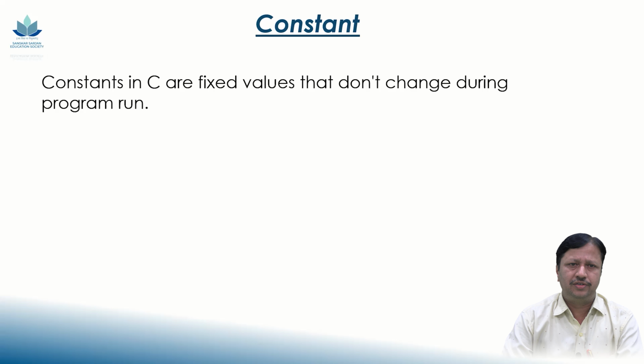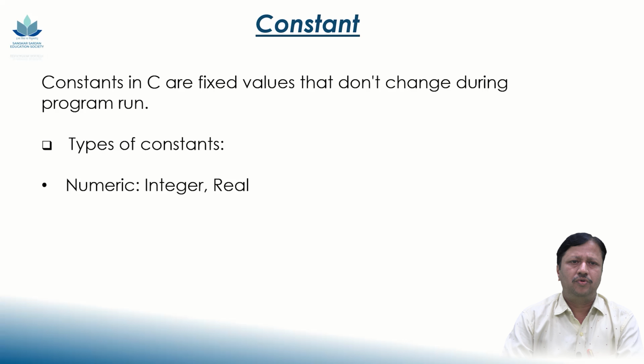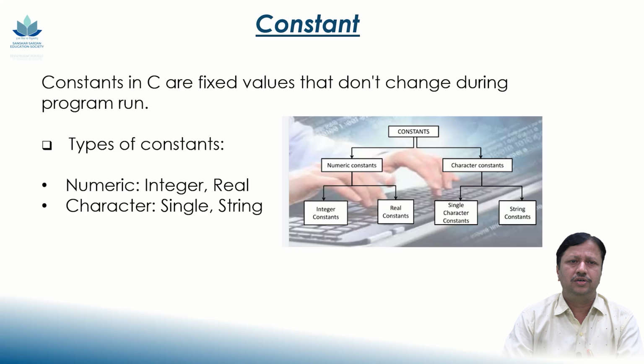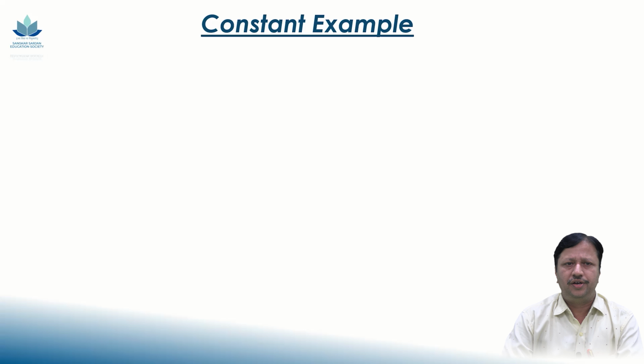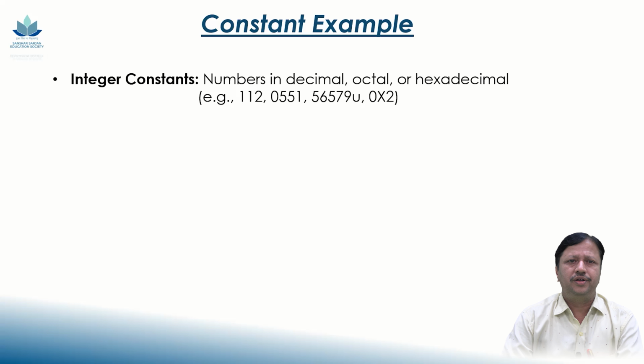Constants in C are fixed values that do not change during the program run. Types of constants: numerical, for example integer and real; and character constants, single and string. Integer constant: numbers in decimal, octal or hexadecimal.